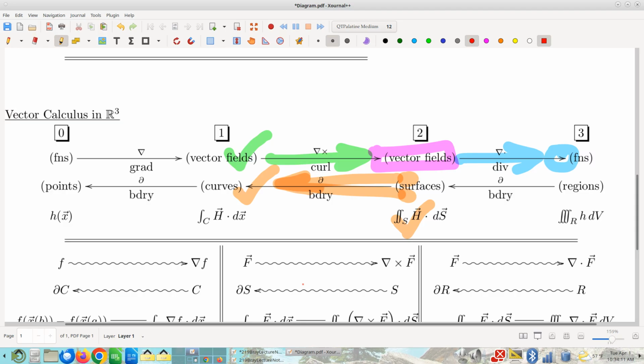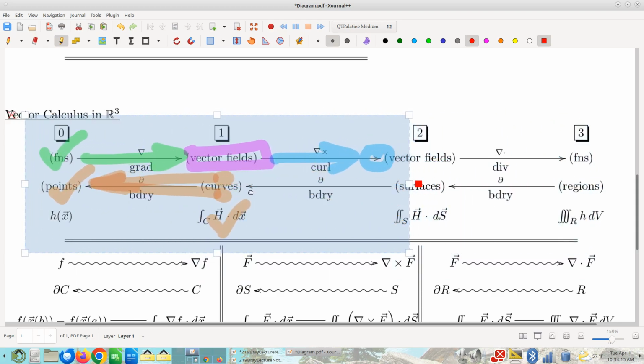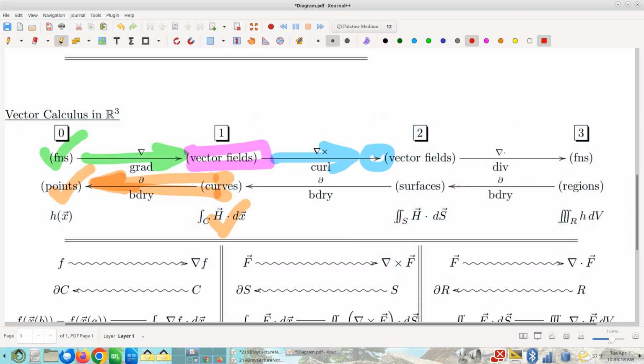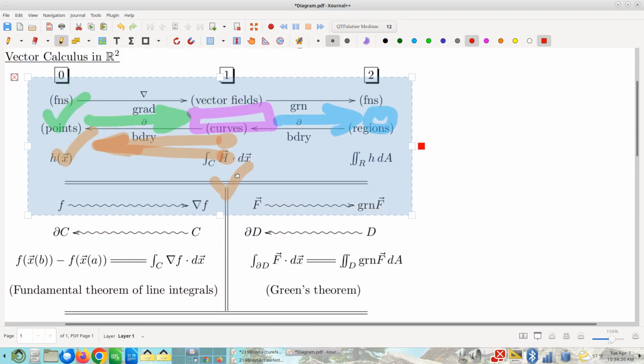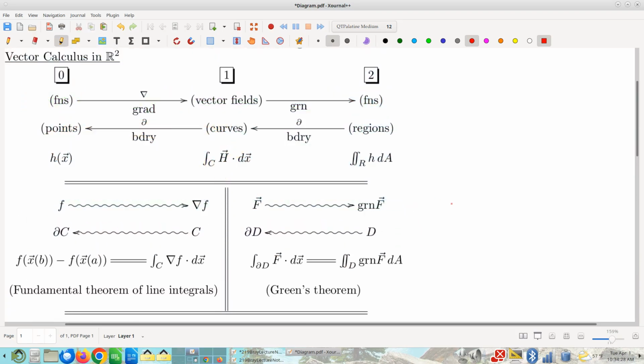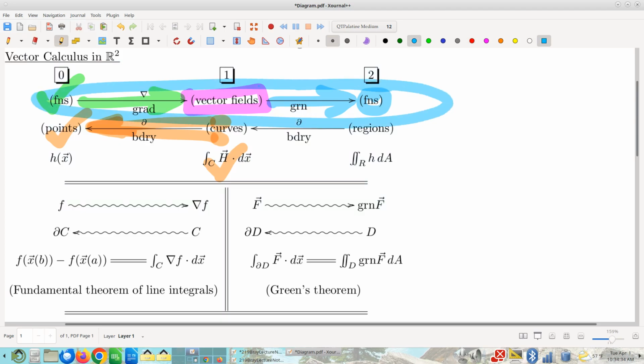By the way, let me make one other observation. Let me go back up to 2 dimensions. How did I prove this local test?